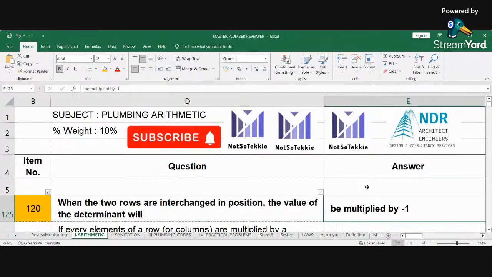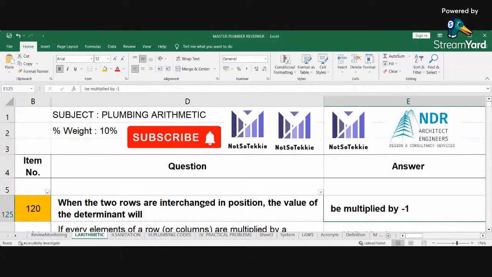The answer is B, multiplied by negative 1. Tingnan natin kung bakit malabo.